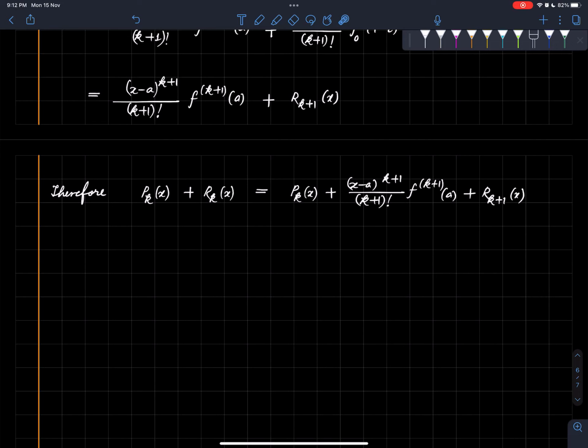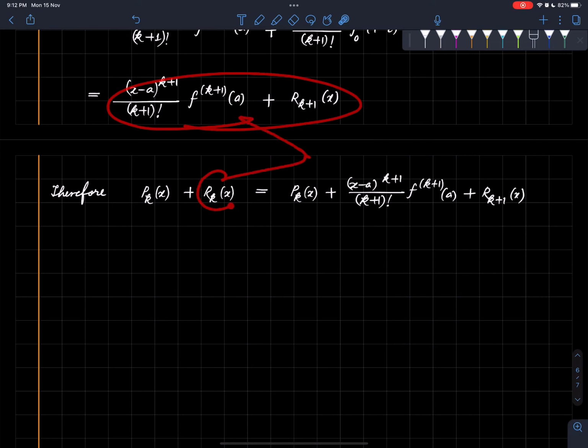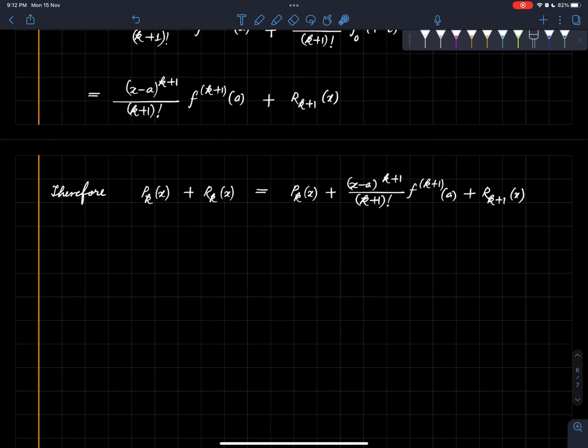What did I do? I just substituted this above thing in place of R_k and got that. And the observation is that this thing is P_(k+1). So you can verify the expression of P_(k+1) was given above.